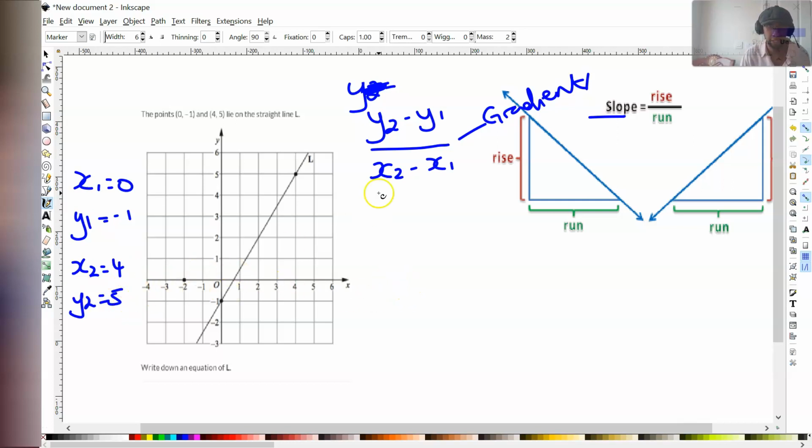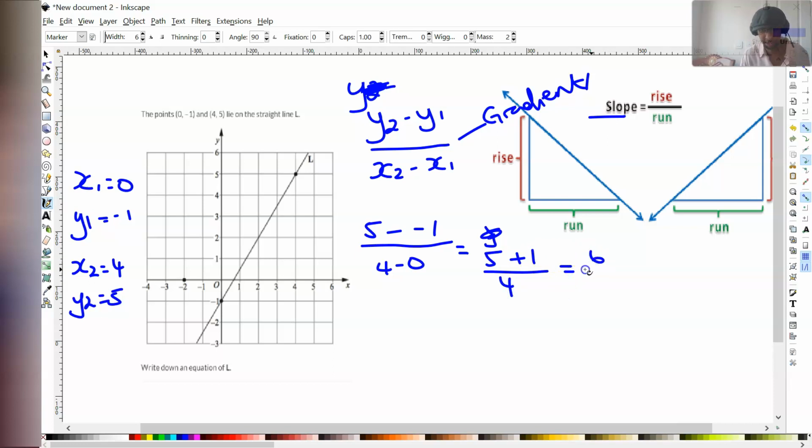If I plug these values into this formula, I will have y2 as 5 minus -1 over x2 which is 4 minus 0. Two negatives give me a plus, so that'll be 5 plus 1 over 4.